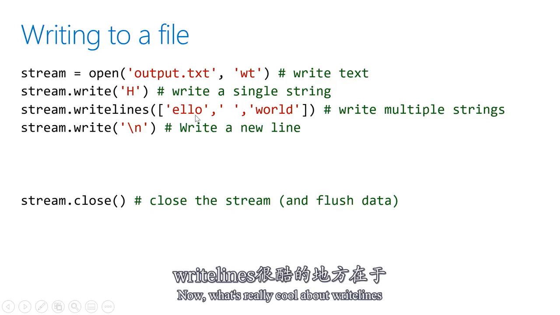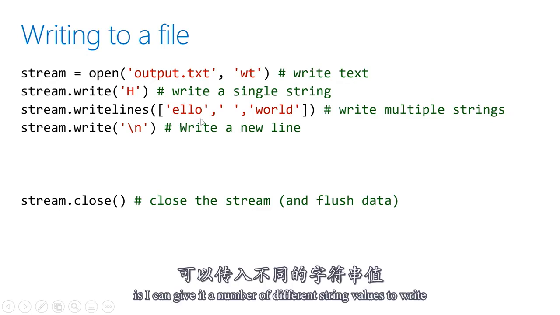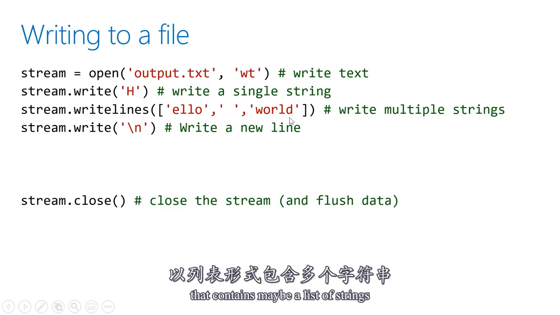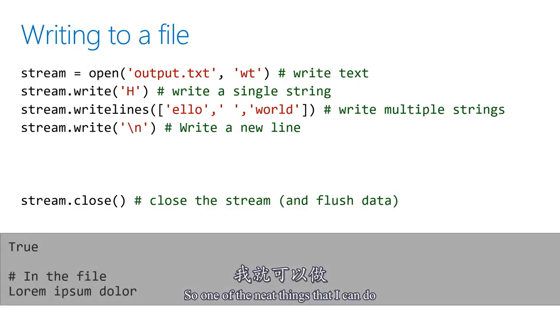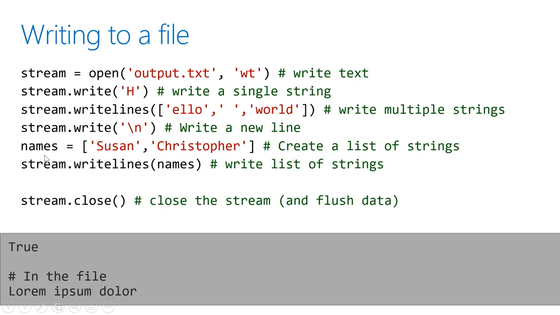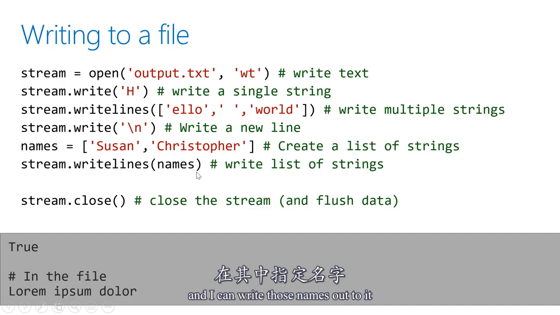Now, what's really cool about writelines is I can give it a number of different string values to write, or I can give it an object that contains maybe a list of strings. So one of the neat things I can do is pass in two names in a list. I can create an object, which is a list of strings, and write those names out to the file.